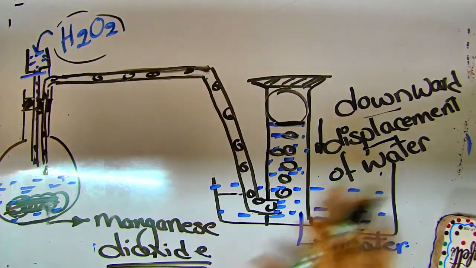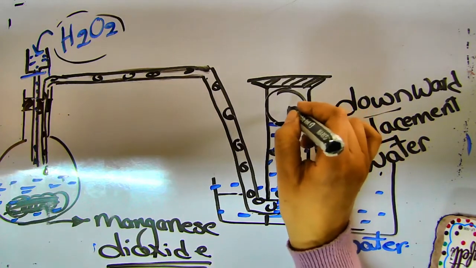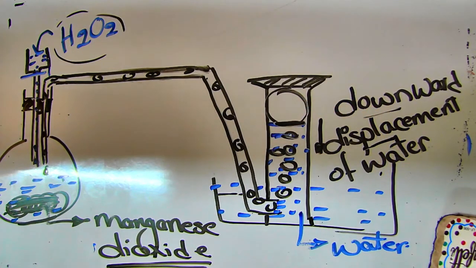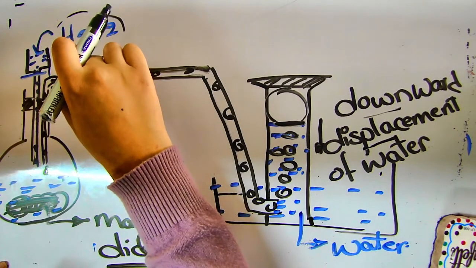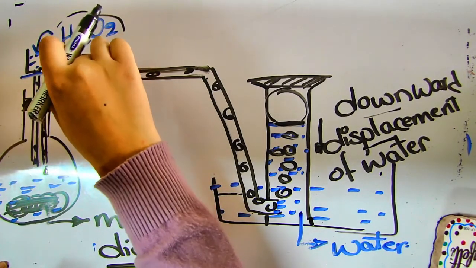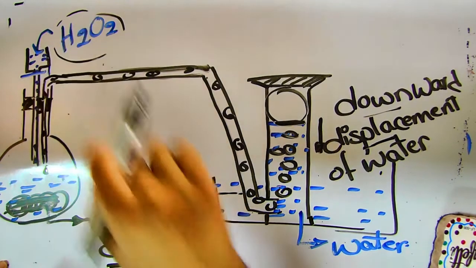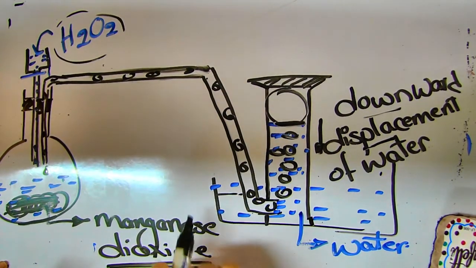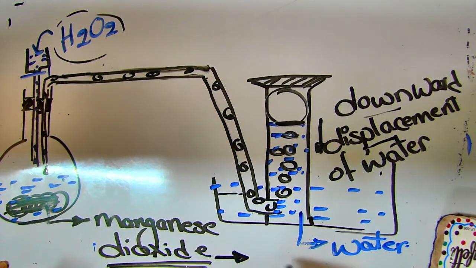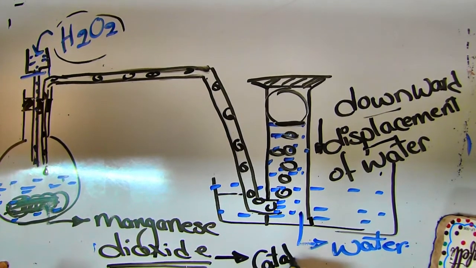So by this experiment we prepare oxygen gas. Our conclusion is that hydrogen peroxide decomposes in the presence of manganese dioxide as a catalyst into water and oxygen. Okay.